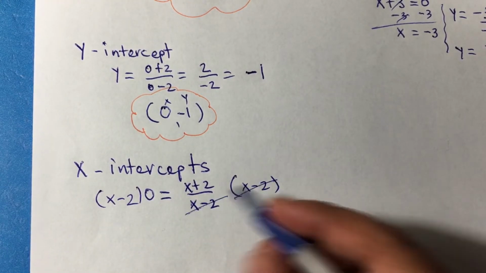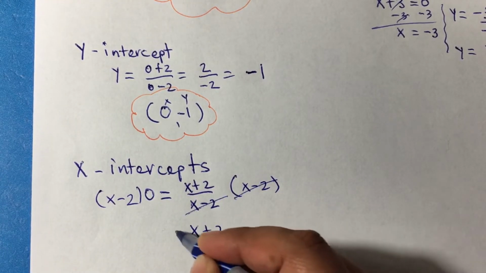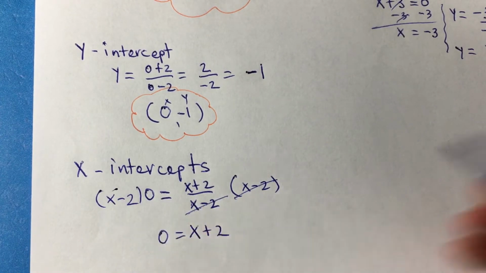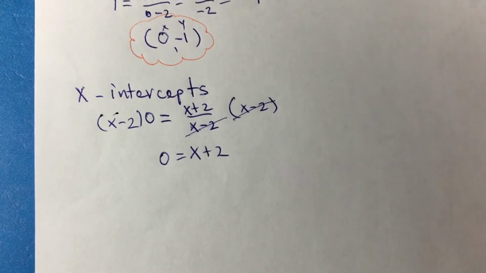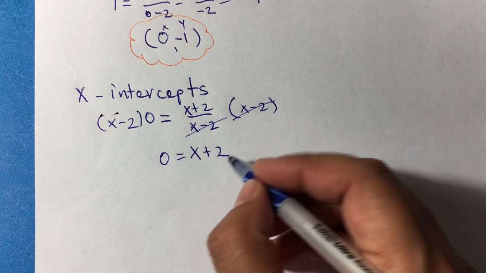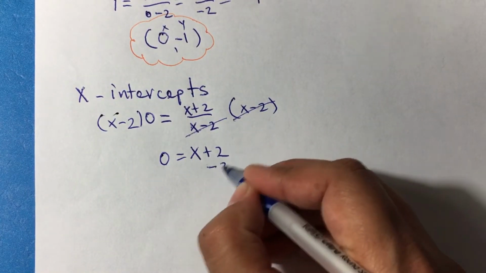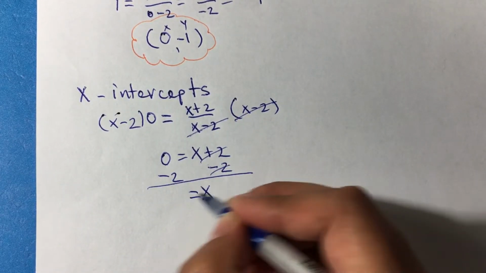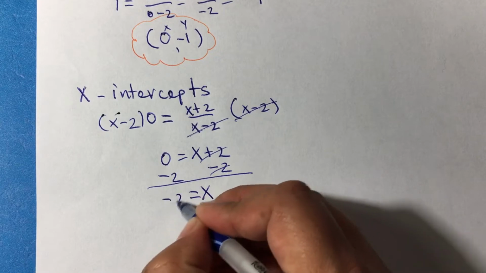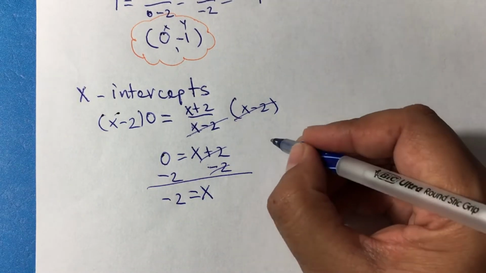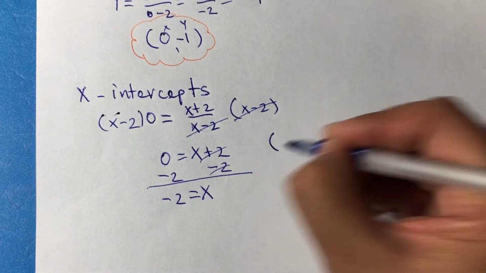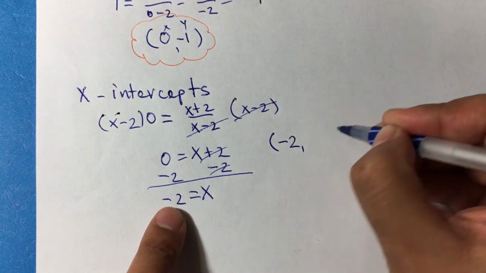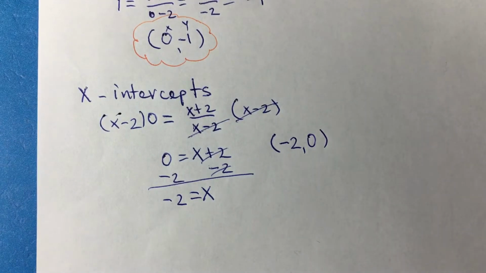These cancel, and I get x plus 2 equals anything multiplied by 0, which is 0. Now, to solve for x, if I'm adding 2, the opposite is to subtract 2. This cancels, and x equals 0 minus 2, negative 2. So my x-intercept: x is negative 2, y is 0, because we replaced y by 0.